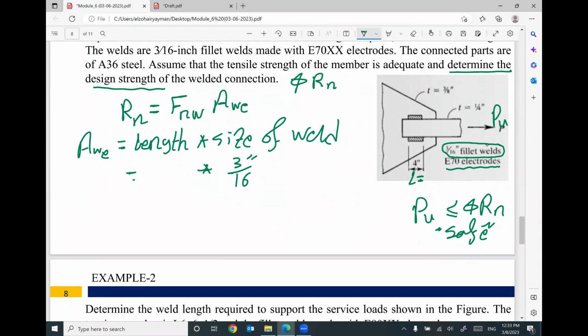Anybody in this room can tell me what is the length of your welding? Any help? What is the length? What is the length of your weld?